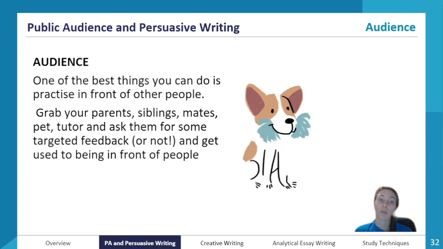Audience. One of the best things that you can do is practice in front of other people. You can grab your parents, your siblings, friends, tutor, even just pets as well, and get used to being in front of people when you're delivering your speech.